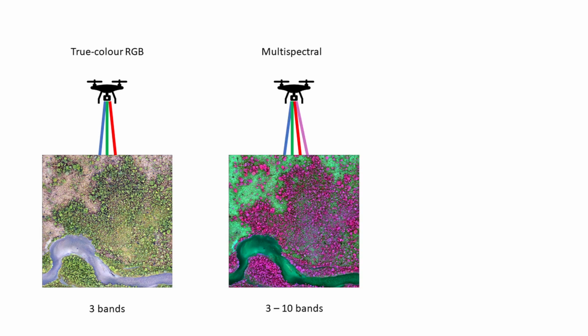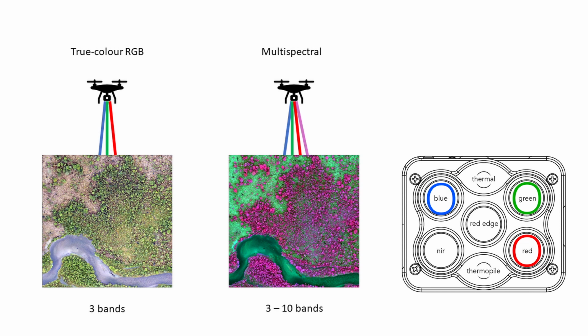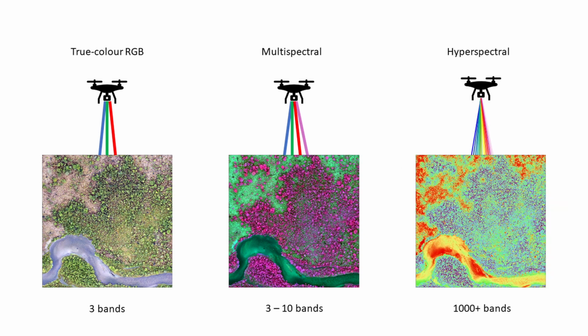Multispectral cameras record images for 3 to 10 spectral bands. Not only red, green, and blue, but can also include bands in the near-infrared, thermal, and red edge wavelengths. Hyperspectral is similar, but collects data on hundreds, even thousands, of narrow bands of spectra.